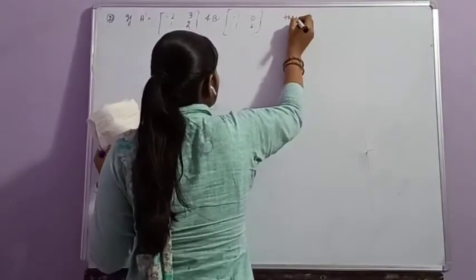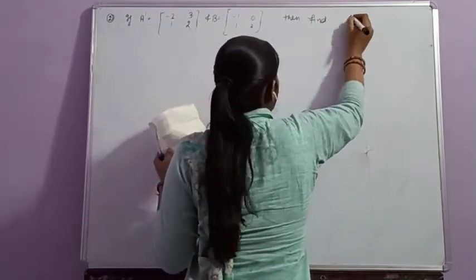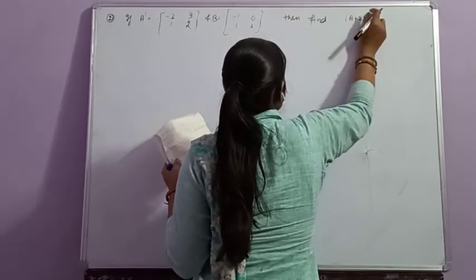If A transpose is equal to minus 2 1 3 2 and B is equal to minus 1 1 0 2, then find A plus 2B transpose.